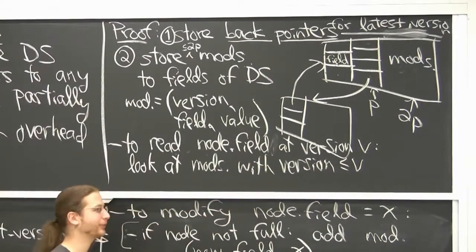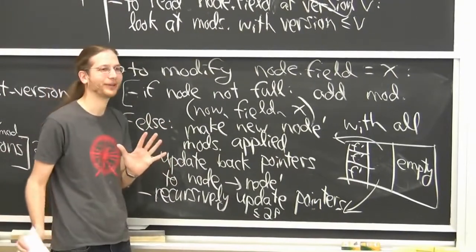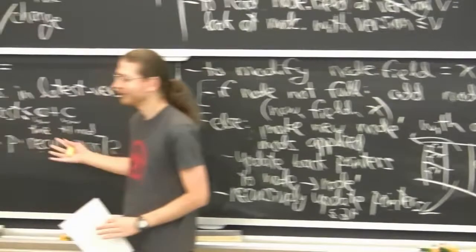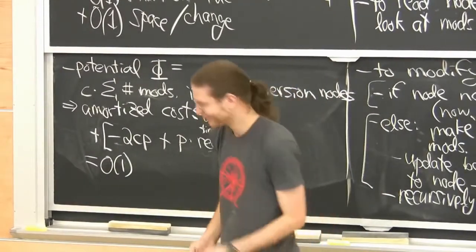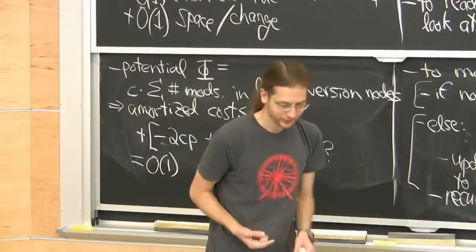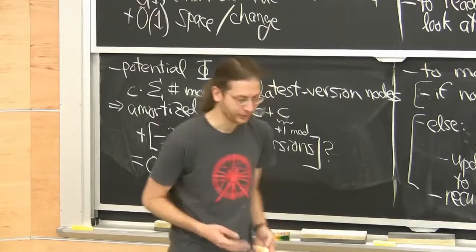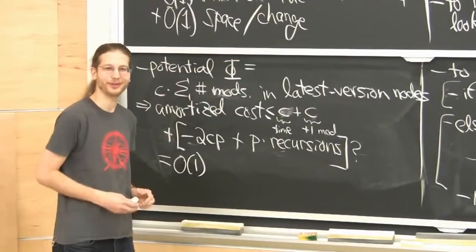If you like charging schemes, it's much more intuitive. But with charging schemes, you always have to be careful that you're not double charging. Here it's obvious that you're not double charging. Okay, kind of cool and magical. This is a paper by Driscoll, Sarnak, Sleator, Tarjan from 1989. So this is very early days of amortization, but they knew how to do it.